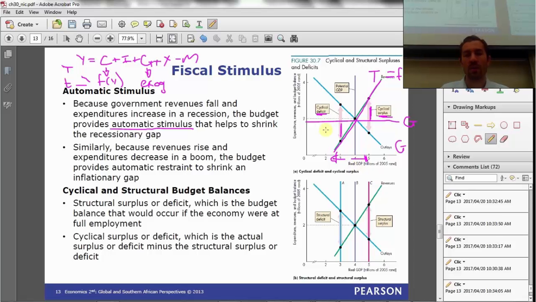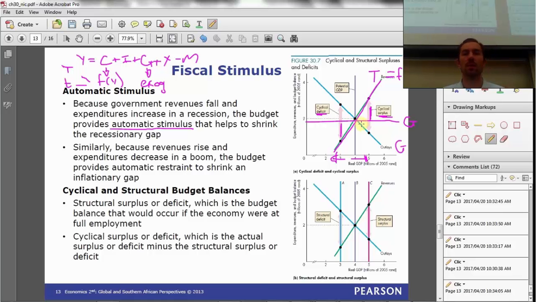So in terms of our diagram here, if our output at 4 is our potential GDP, so this is full employment. Our government spending currently, if we are at potential, will equal our government revenues, okay? So at full employment, what will our budget balance be?